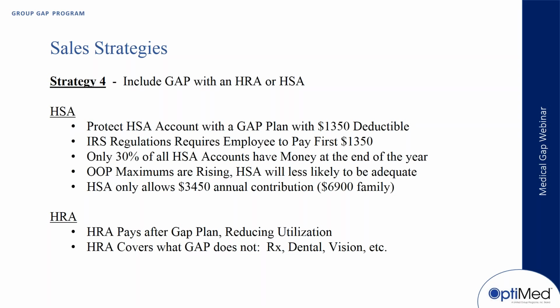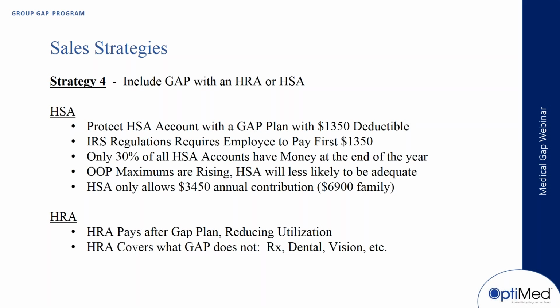I don't want the employee to have to spend any money out of pocket, so I'm going to have the GAP plan pick up $4,000 in inpatient expense so that the deductible is met if they're inpatient. And on outpatient, OptiMed will pick up the first $2,000, and then I'll pick up the second $2,000.